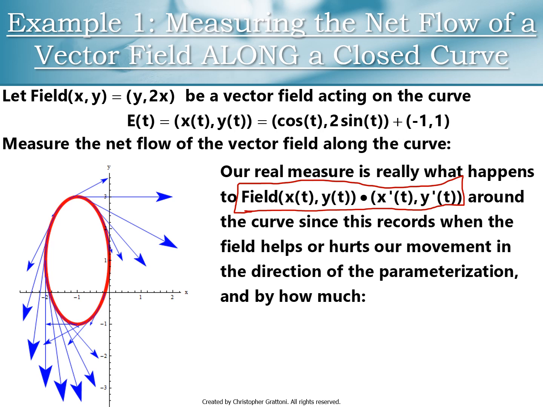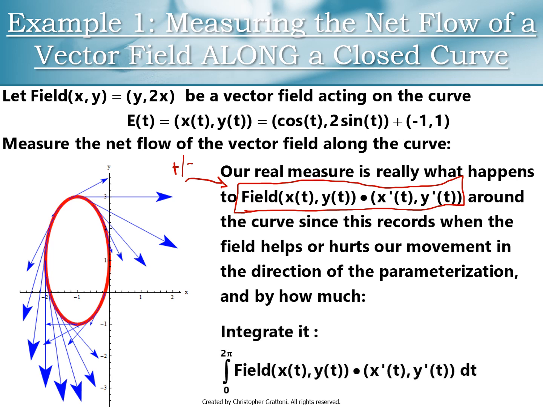This is the thing that can vary between positive and negative. So that's the quantity we want to accumulate, because as we accumulate all of these little pushes with or against our tangent vectors, that'll give us an overall idea of the net effect this vector field is having on our curve. So that's what we're going to integrate.